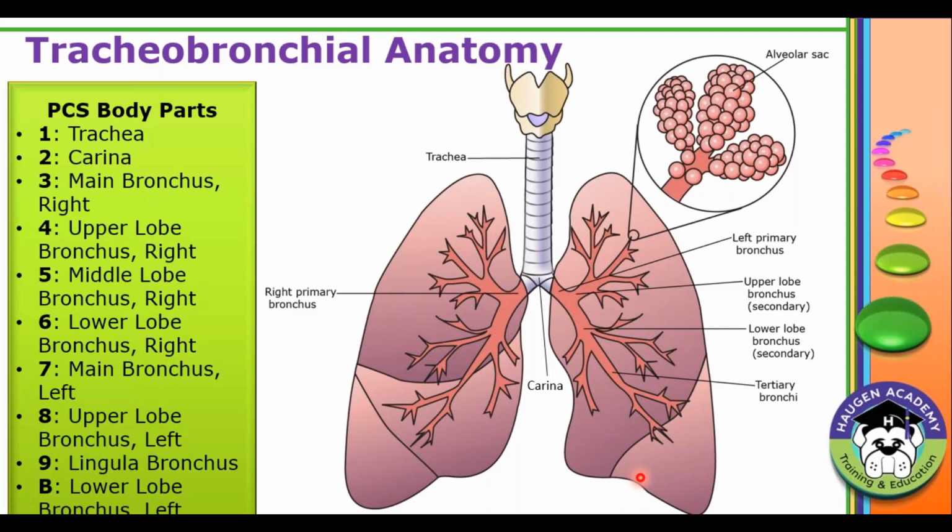One of the body parts that is available for PCS is the carina, which is that cartilaginous ridge at the base of the trachea where it branches into the right and the left main bronchi. And every once in a while you'll see some procedures that are performed at this location. It's not something we code a lot of, I don't think, but there is a separate body part specifically for that.